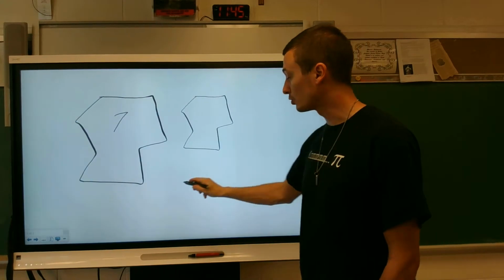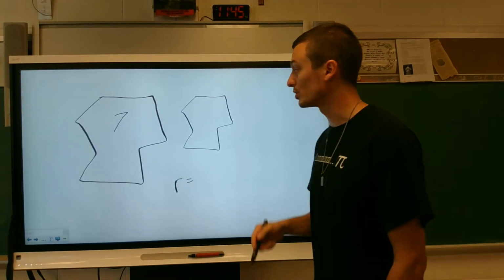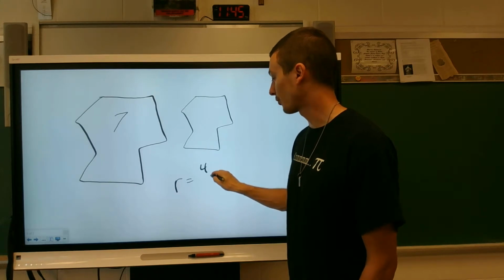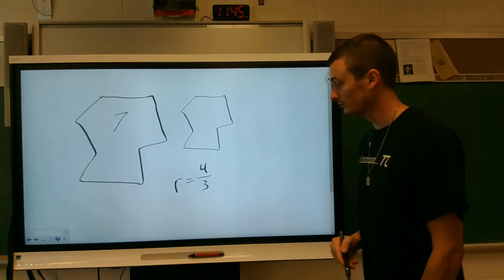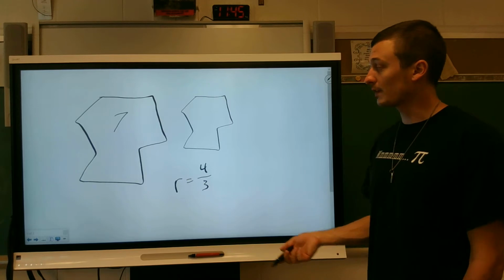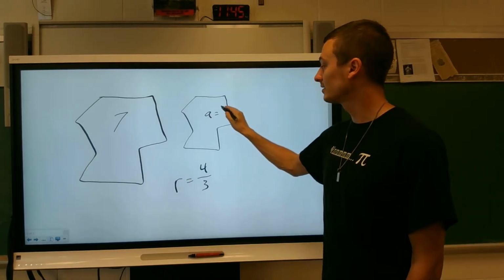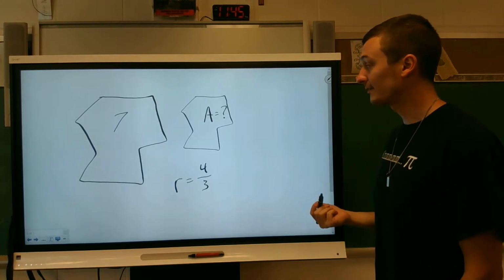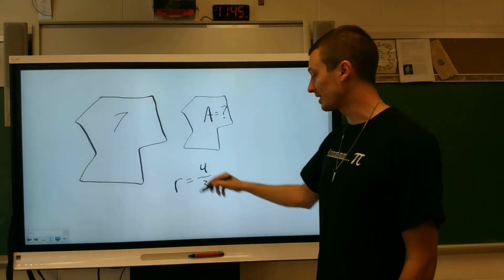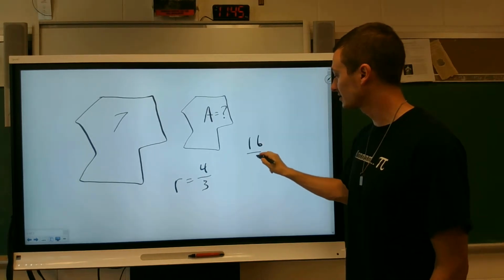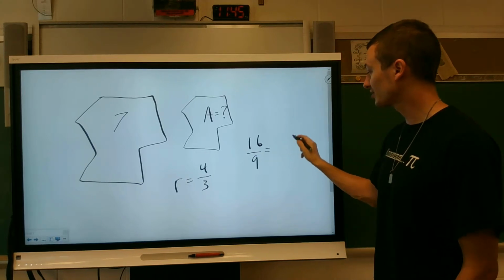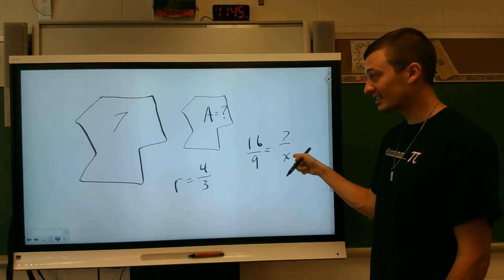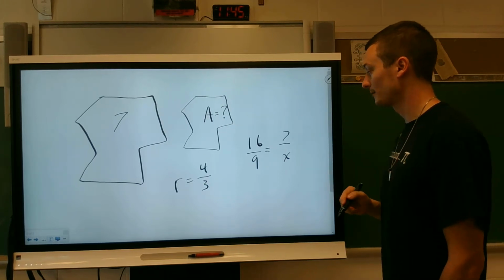And maybe I'm also told that the ratio between the two sides is 4 to 3. So if I want to find the area of this, all I have to do is square this and get 16/9 equals 7 over what? So when I solve for x, I'll get the area of this one.